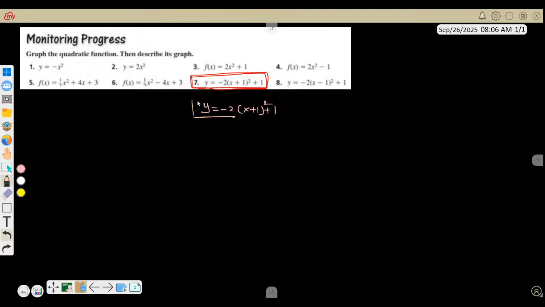For example, put x equal to minus 1. Then the entire bracket becomes 0 and you will get a value of y. Okay, so complete it at home.